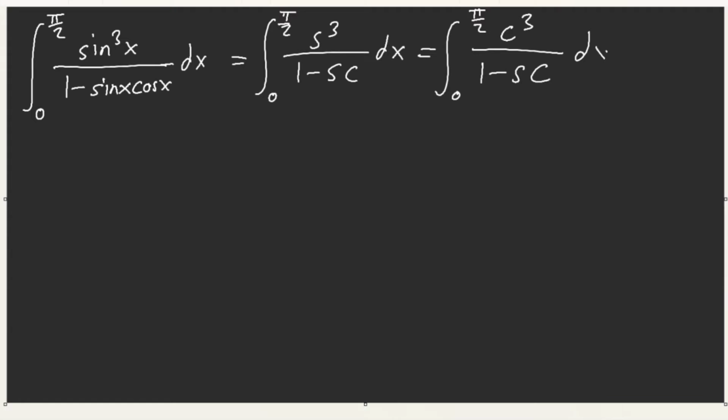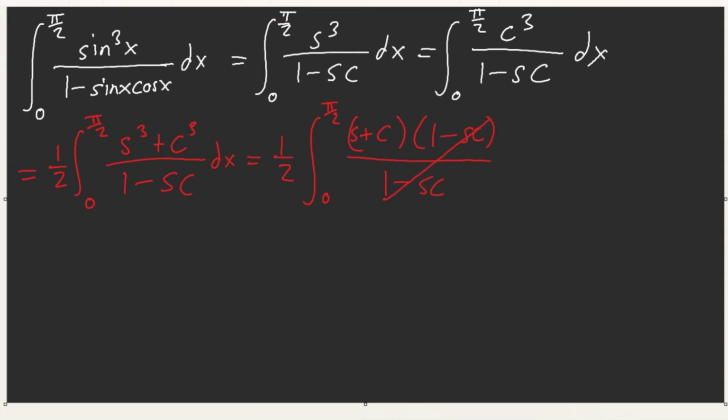And of course, when we add this together, we get sine cube plus cosine cube on my sine cosine. If you remember, we can factor these out, right? We can factor them out. Sine cosine, sine squared minus, that's exactly what that is. So what we have is sine plus cosine dx.